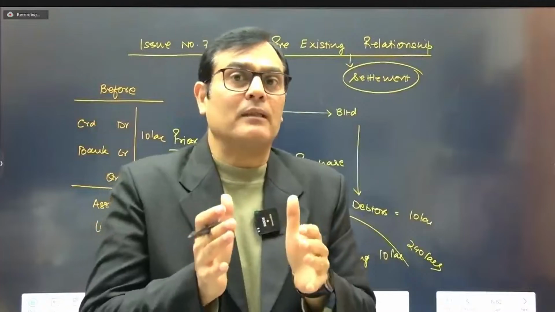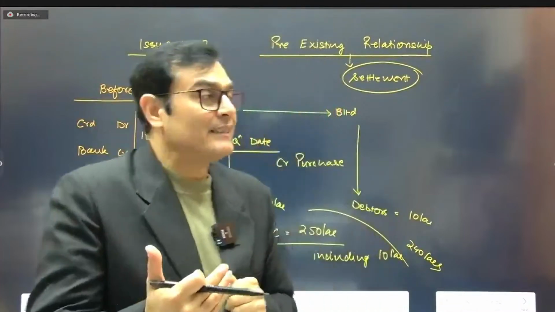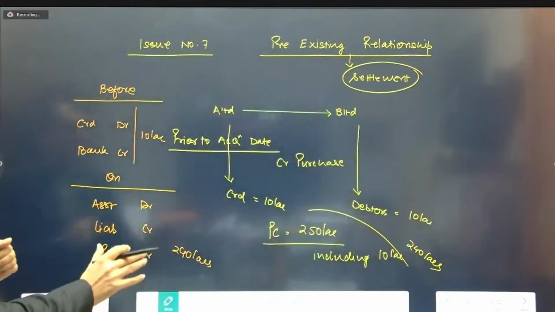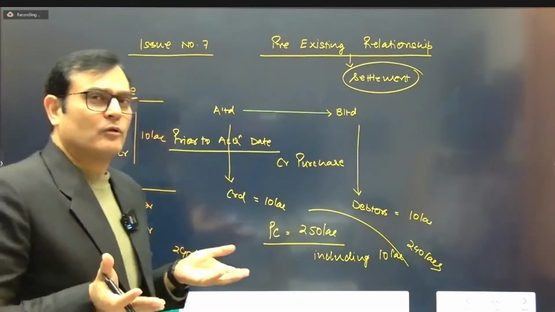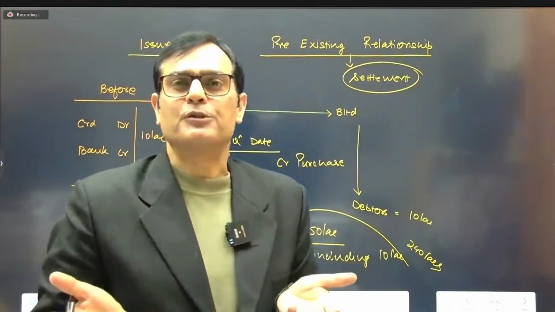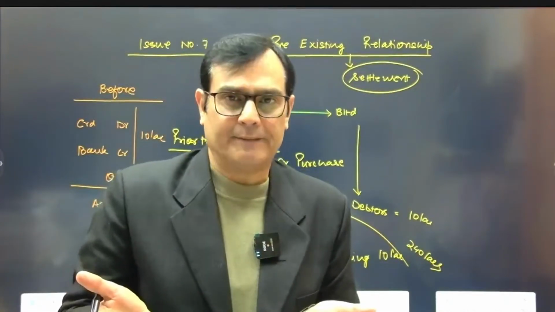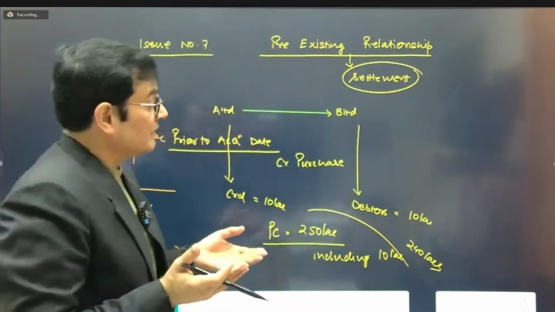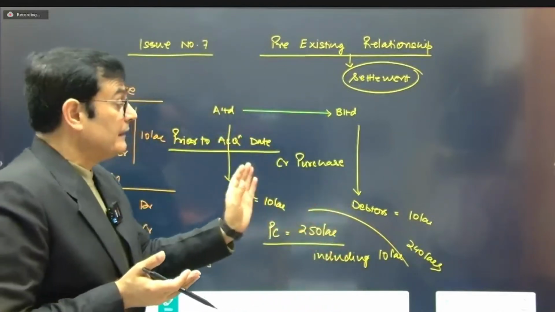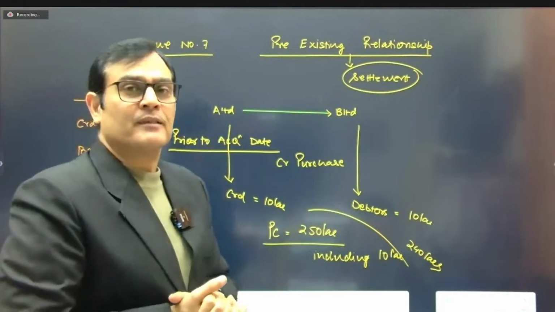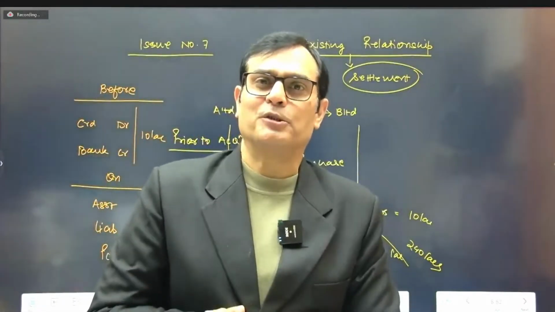This was a simple example to give you a flavor of how the pre-existing relationships are going to be settled. First, settle the transaction prior to the acquisition date, and then correspondingly reduce the purchase consideration. I know what is going further in your mind. You must be thinking, sir, if this was a transaction where B shows a creditor and A shows a debtor, then in this particular case, are you going to increase the purchase consideration?